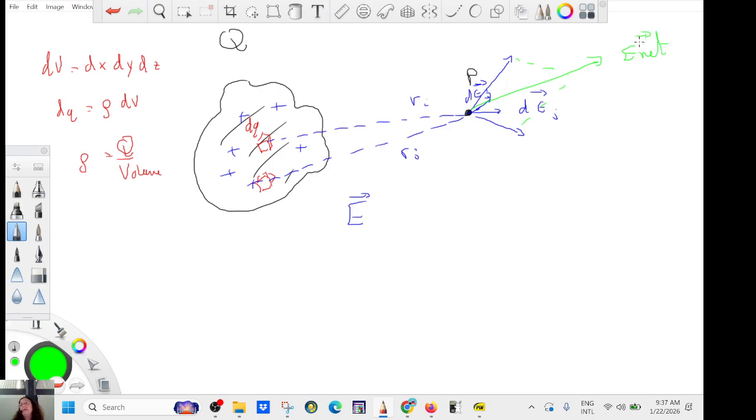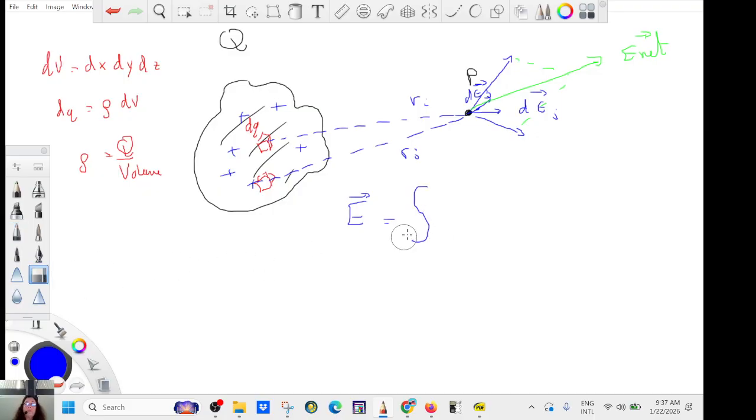That's the goal. But because it's continuous, the sum will turn into an integral. It could be a line integral if you have a linear distribution, a surface integral if it's distributed over a surface, or it could be a volume integral. So three integrals, a triple integral. So that will be the sum.